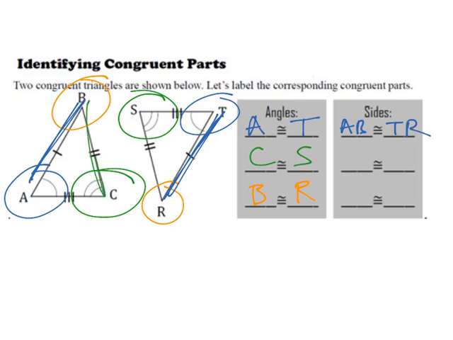The next one, let's do it here in green, would be B to C. So BC, that's just like the line segment symbol. And that would also go here with R to S. Now notice the direction does matter at this point. I wouldn't say SR, I would say RS. Those are the congruent parts. And lastly, I'll do it here in red, C to A. In this case that would be S to T.